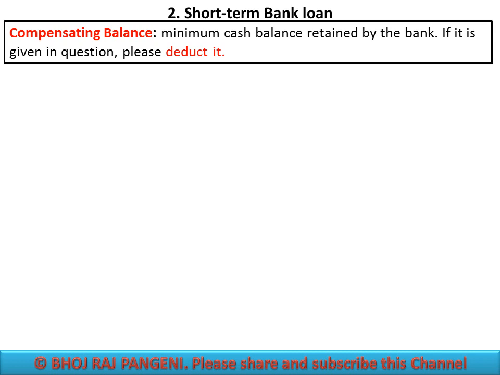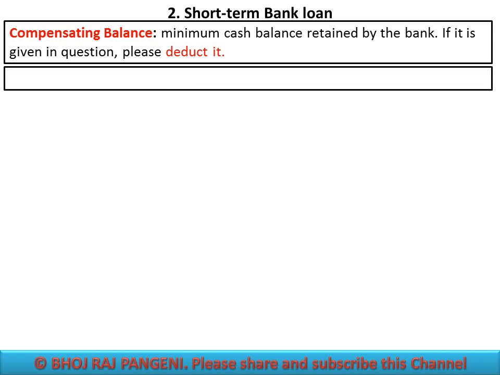Don't forget to deduct the compensating balance. Always deduct the compensating balance in every question where it is given. It is in red because it is very important, and most of the students forget about this compensating balance and do not deduct it.